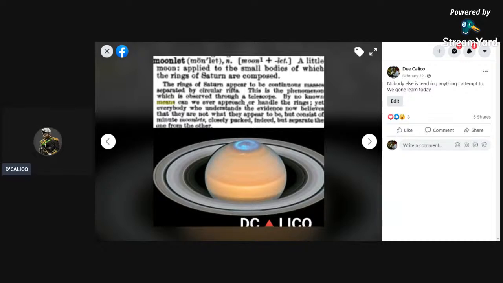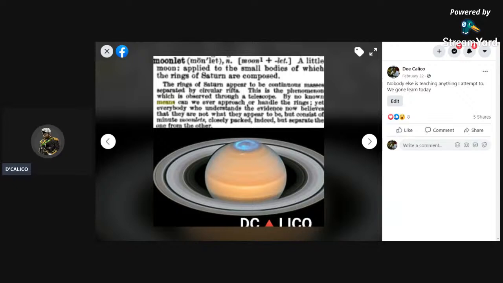What is a moonlet? It's a little moon, applied to the small bodies of which the rings of Saturn are composed. The rings of Saturn appear to be continuous masses separated by circular rifts. This is the phenomenon which is observed through a telescope.